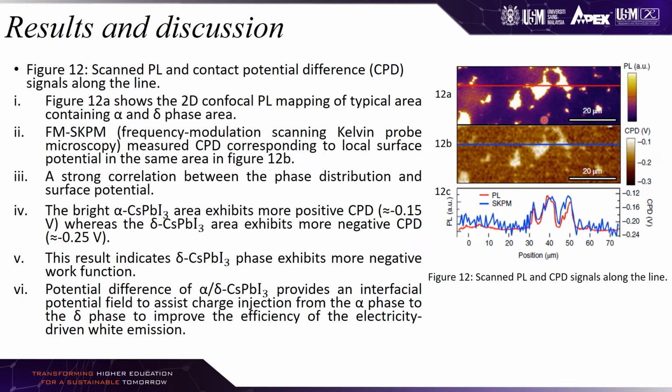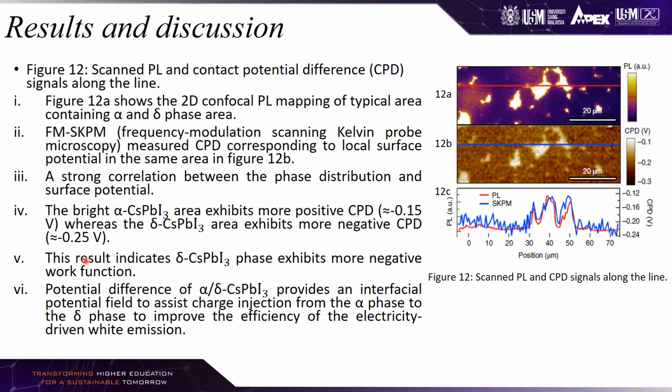And this is the bright area which represents alpha calcium lead iodide, and the dark area is delta calcium lead iodide.